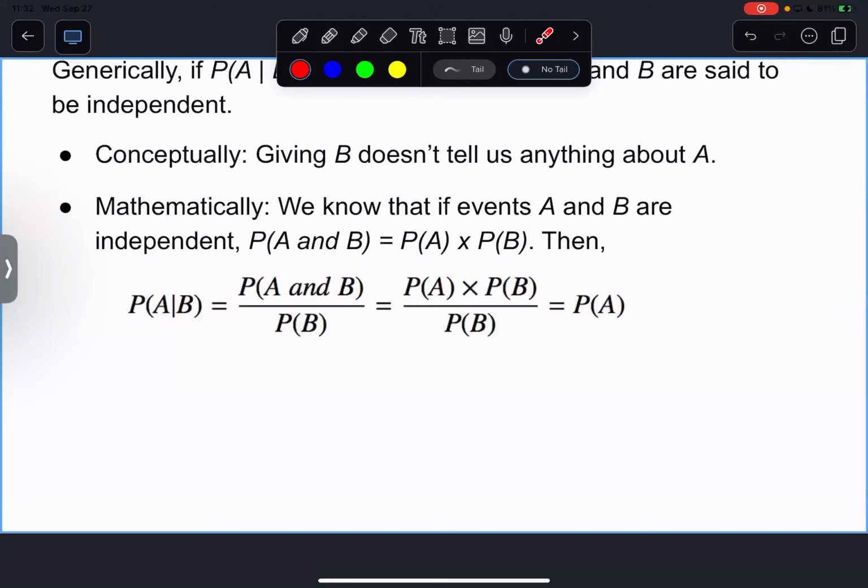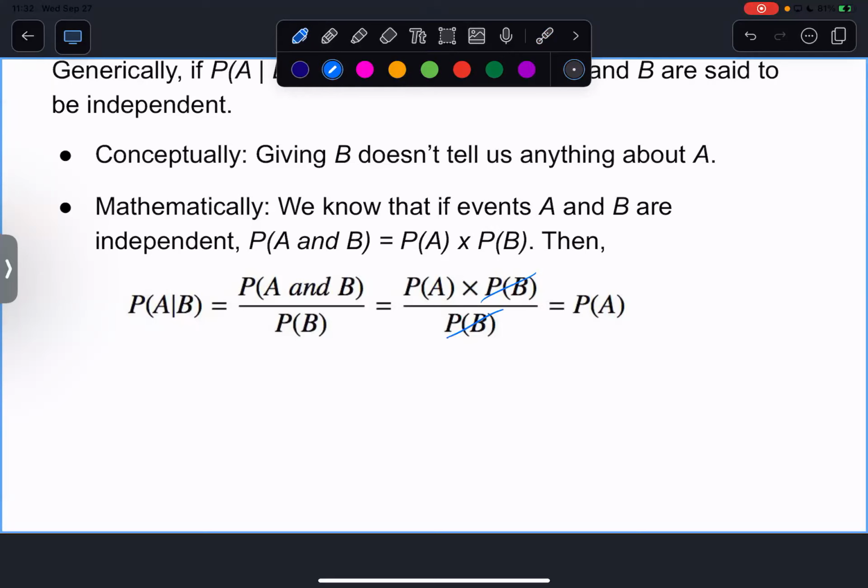If A and B are independent, then I know that the probability of A and B is the probability of A times the probability of B, still divided by the probability of B. Well, probability of B divided by probability of B is just 1.